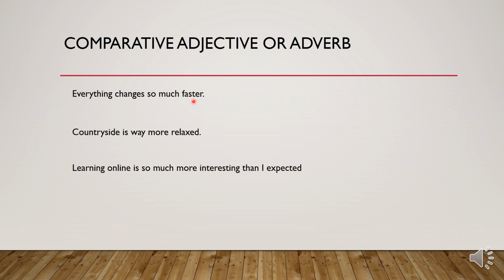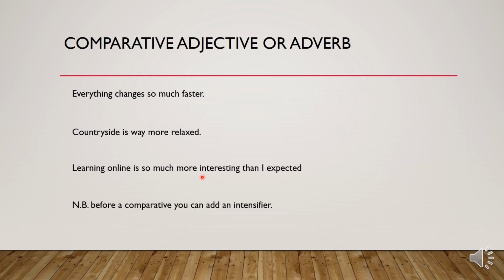But for faster, it's a short adjective, only faster. There is no need to add more, only fast, and we add er. But for long adjectives, interesting, we use more interesting. We can't say interestier, but we say more interesting.